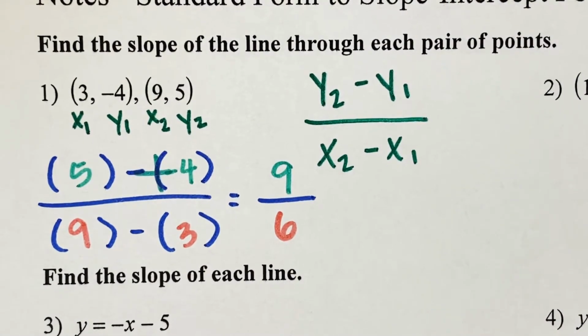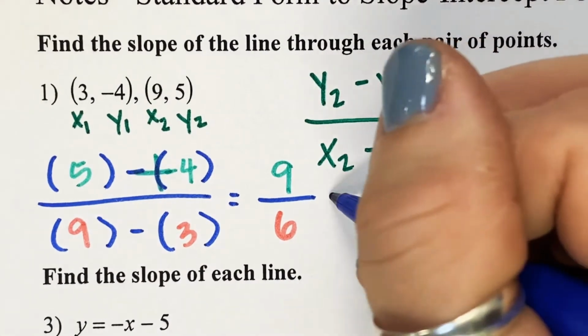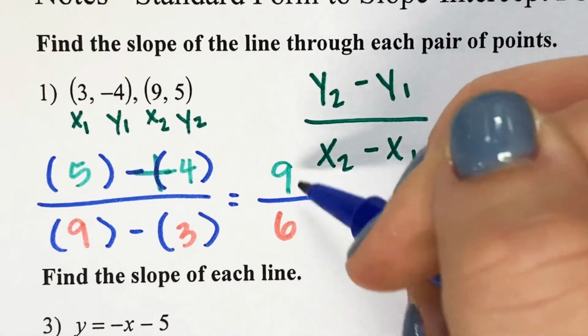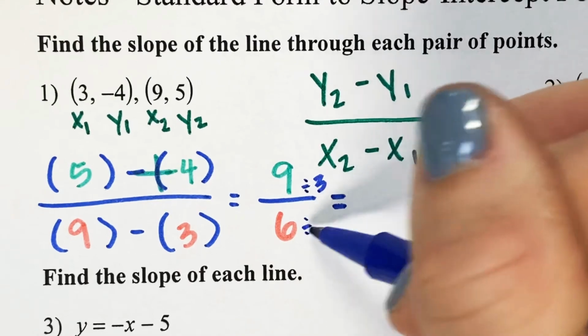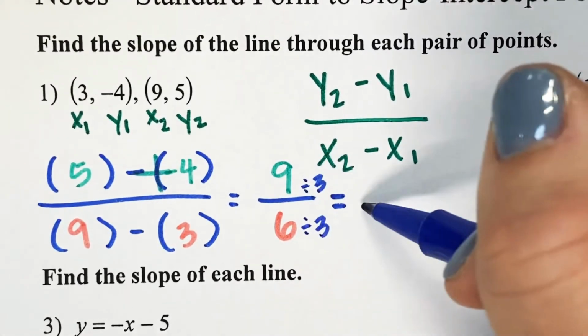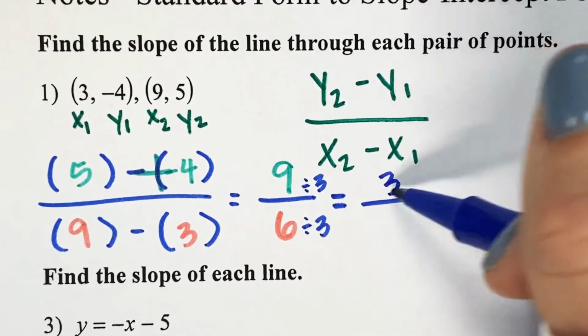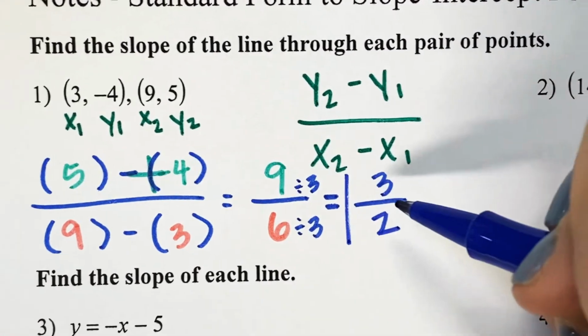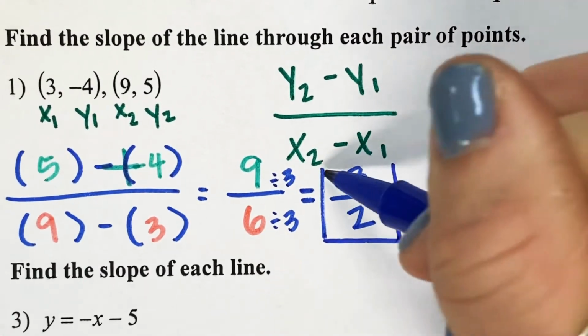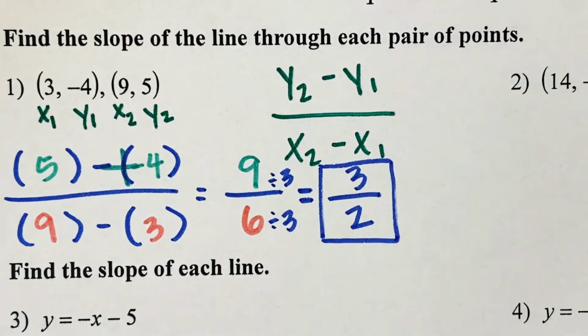The last thing we need to do is see if anything reduces. We know that 3 goes into 9 and 6, so I'm going to divide both by 3. 9 divided by 3 is 3, and 6 divided by 3 is 2. So the final slope for number 1 is 3 over 2.